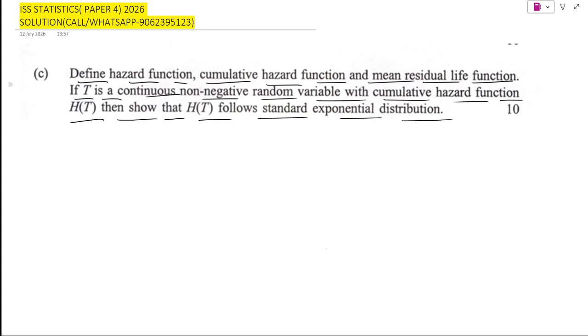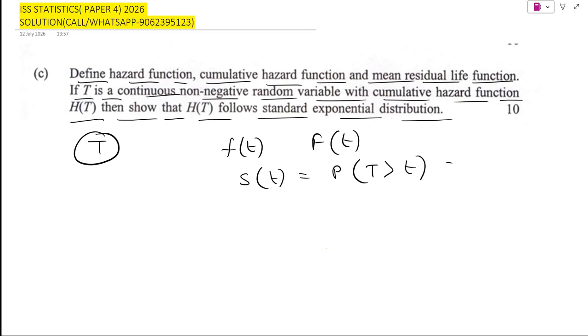distribution. First, let T denote the lifetime of a component. Suppose f(t) is the probability density function, and F(t) is the cumulative distribution function. Then the survival function is S(t), that is 1 minus F(t).